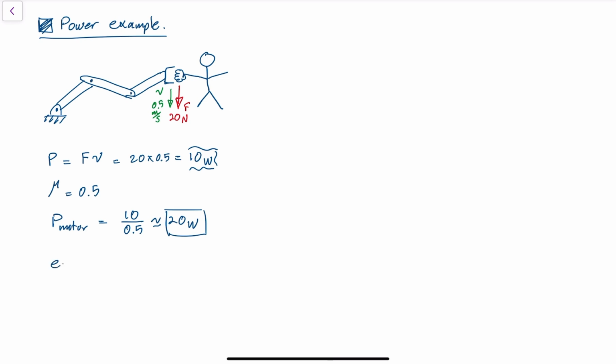So each motor at the maximum, maybe I need a 20 watt motor, which leads me to think that I need a relatively small motor. So in comparison, for instance, the motors on electric bikes are in the order of hundreds of watts.